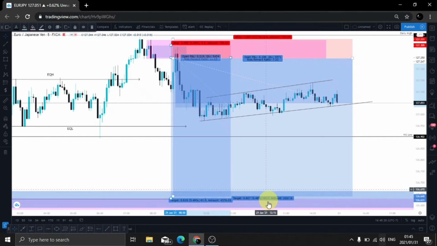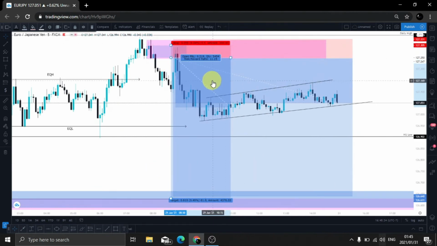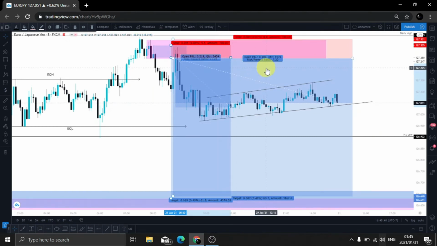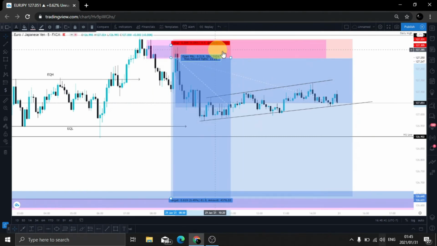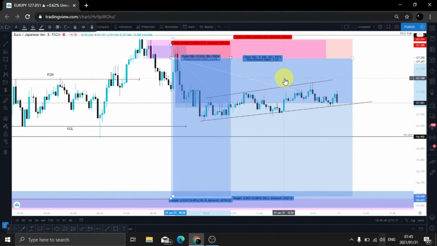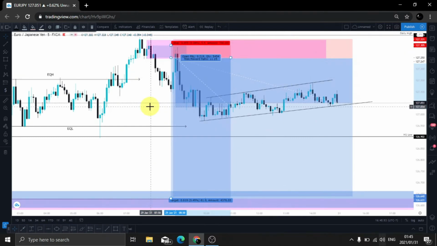Okay, now on the M5 time frame, we are securing a 1:11 risk ratio with a 5.5 pip stop loss. On the M15 time frame, we are only securing a 1:7 risk ratio with an 8.4 stop loss.